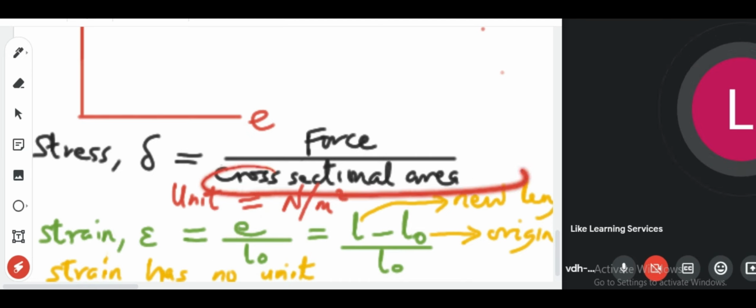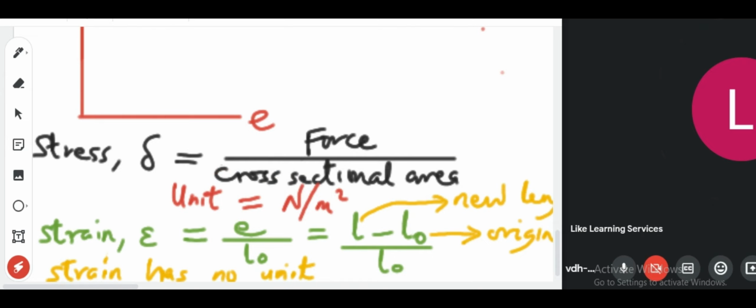Now, the cross-sectional area you can find out using relevant mensuration formulas.